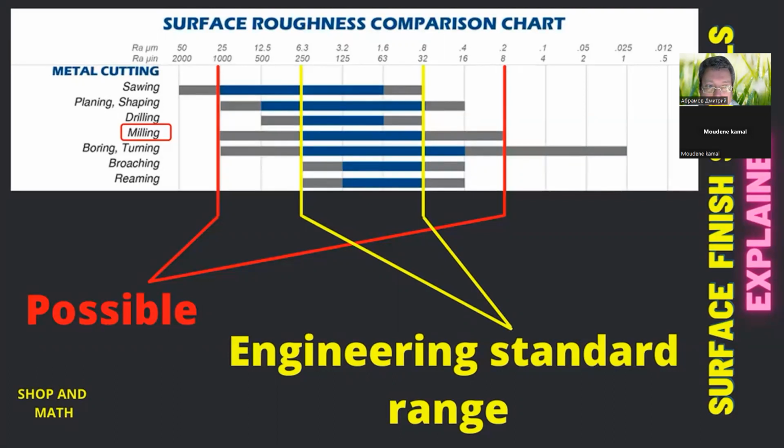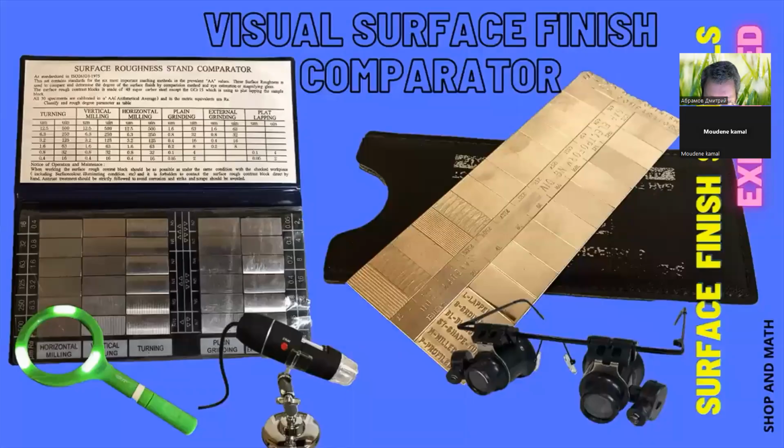Now the possible parameters is 1000 all the way down to 8. But the acceptable parameters is 250 to 32. So therefore, if an engineer puts mill finish required, he wants a milled finish with a finish variable between 250 and 32 microinches.